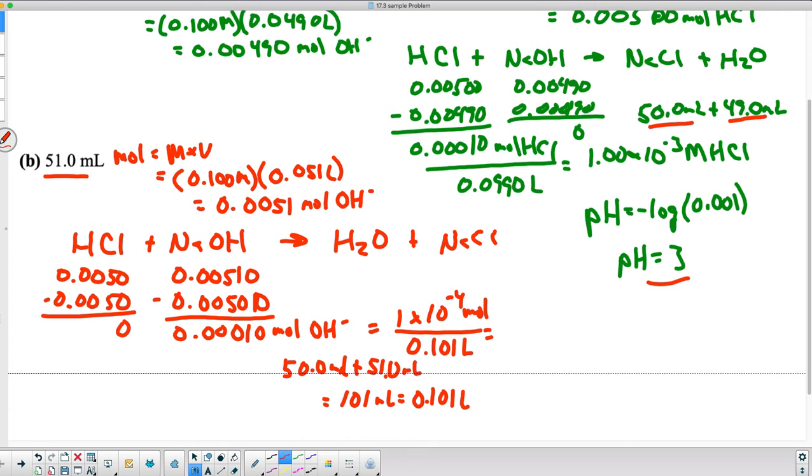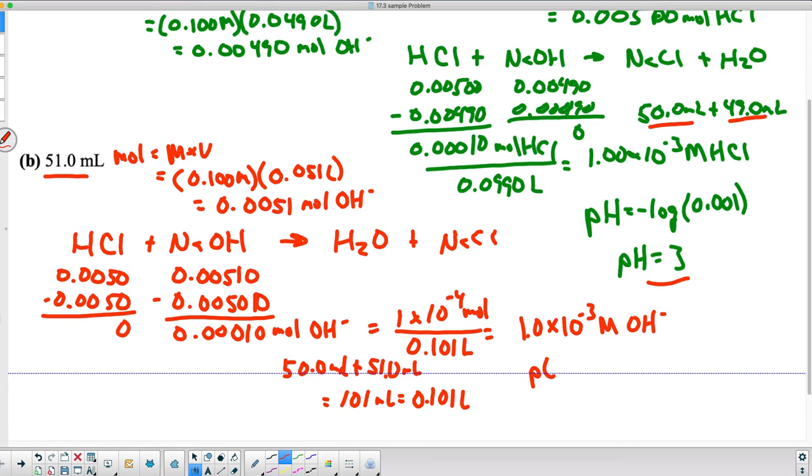Now that I have that number of moles divided by the volume, I'm going to end up with a concentration of hydroxide very close to 1.0 times 10 to the negative third. That's the concentration of hydroxide.